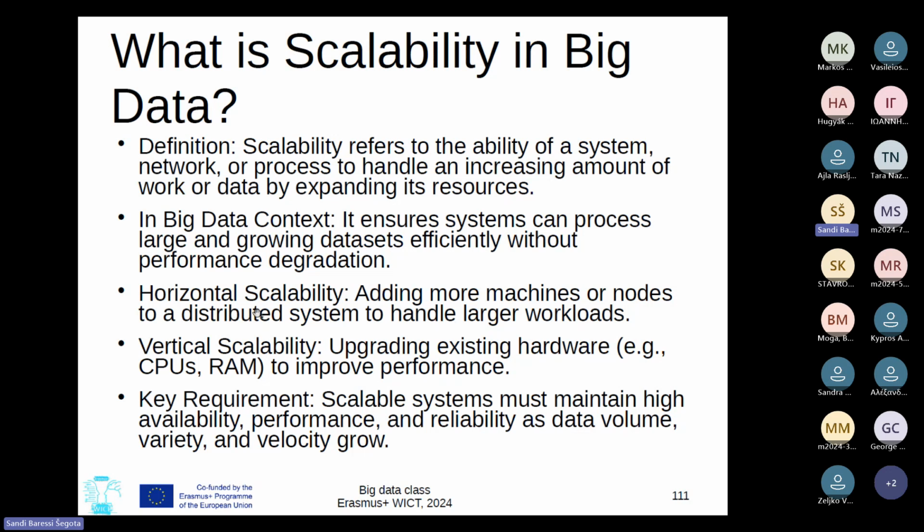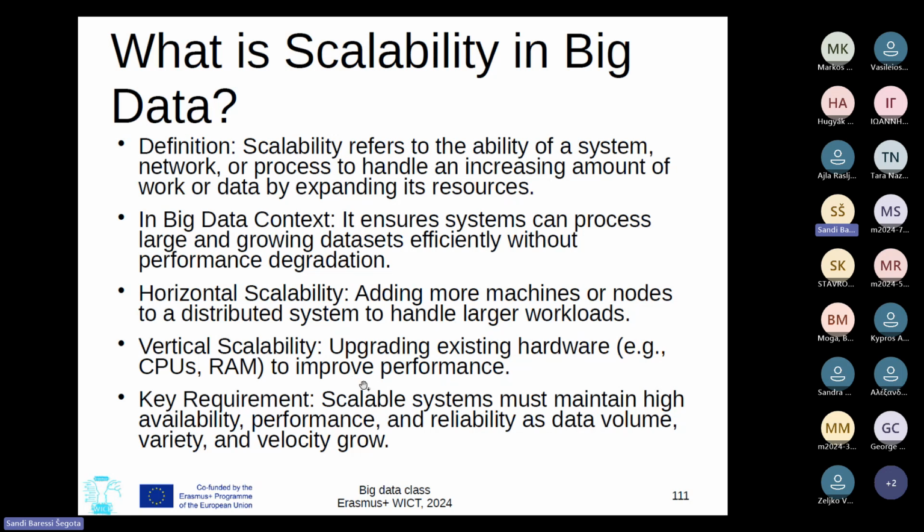We have horizontal scalability, which means basically let's add more machines, right? One server isn't enough, let's add another server. And vertical scalability, where we have the existing hardware and we upgrade it: a more powerful CPU, more or faster random access memory, and so on.